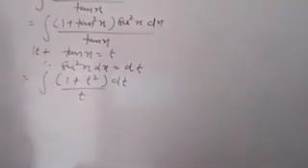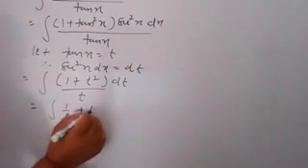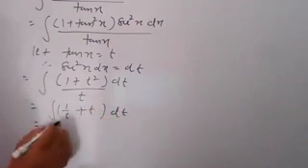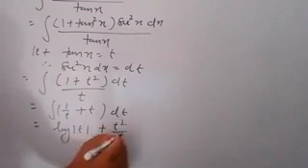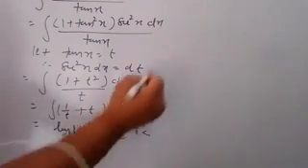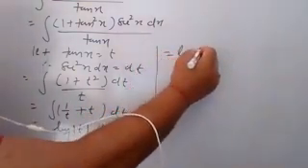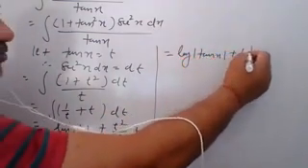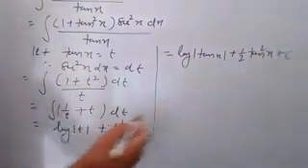Distribute it, so you have 1 upon t plus t into dt. Integrate it: log of t plus t square by 2 plus c. Now putting the value of t, you have your answer. So that can be written as log of tan x plus 1 upon 2 tan square x plus c is your answer.